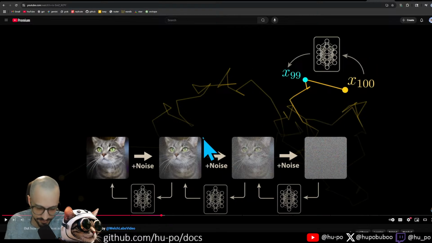You have kind of this infinite, super nice kind of data augmentation where here's a trajectory from this cat to this noise, and this cat to a different noise, and this cat to a different noise, and this cat to a different noise. So from that one data point of here's a cat image, you have basically infinite training data of here's the cat image to this weird point over here, and then here's the same cat image to this weird point over here, and then here's the same cat image to this weird point over here. So it's like the data augmentation is built in to the diffusion model.